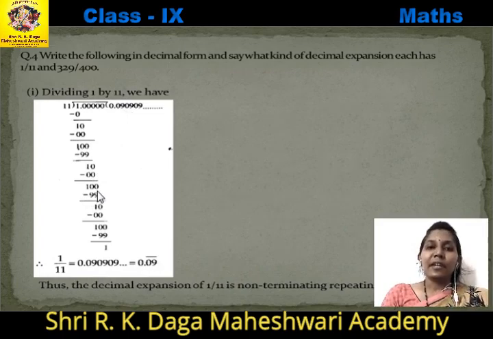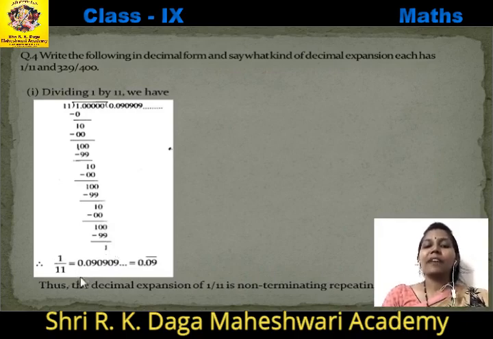After that it will become 100. Now 100 is divisible by 11 for 9 times. 11 nines are 99. The remainder is again 1, and this is repeating again and again.